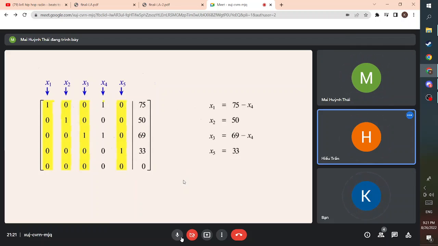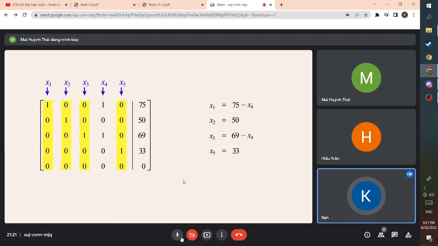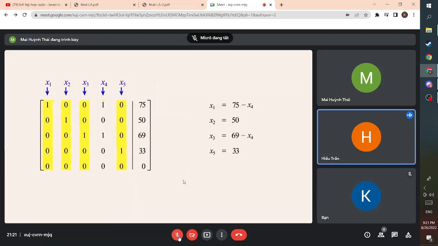So here we'll continue our presentation. Then we will display the free variable x4 with a parameter.